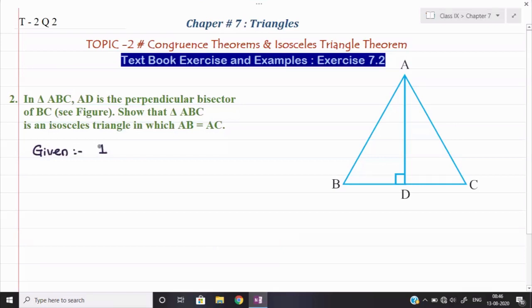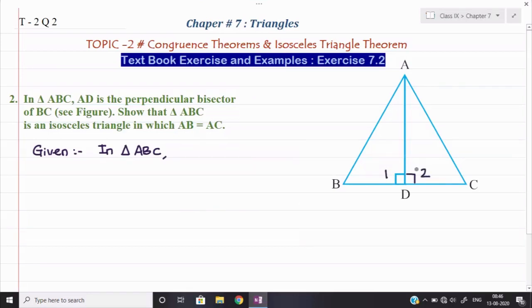In the given, see, first we shall mention in triangle ABC, what they are saying, AD is the perpendicular bisector. Now look at the two words separately. One is perpendicular. So AD is perpendicular to which side? It is given to us, BC. So see, AD is perpendicular to BC at a point D. So if this angle I mark as angle number 1, and corresponding to that this angle I mark as angle number 2.